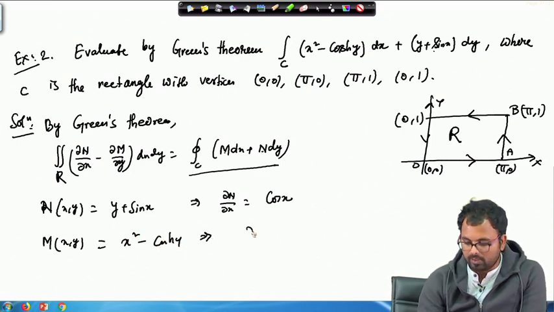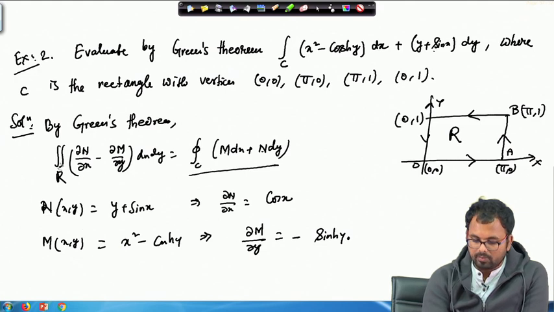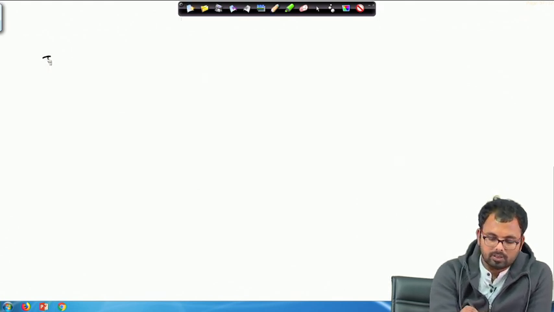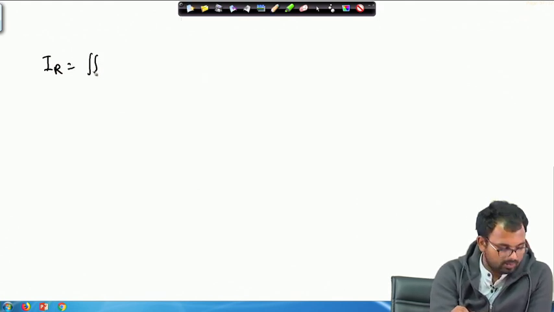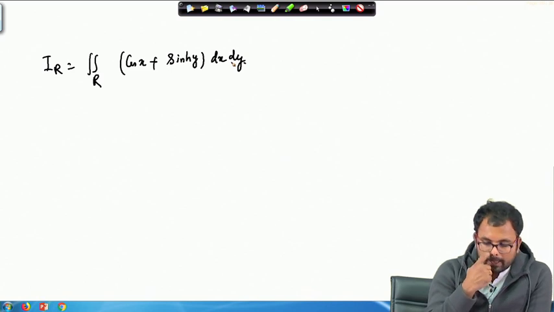If we differentiate, then del m del y would be minus of sin hyperbolic y, right. Then we substitute in this surface integral, let us say I is equal to the surface integral over R of cos x plus sin hyperbolic y dx dy.